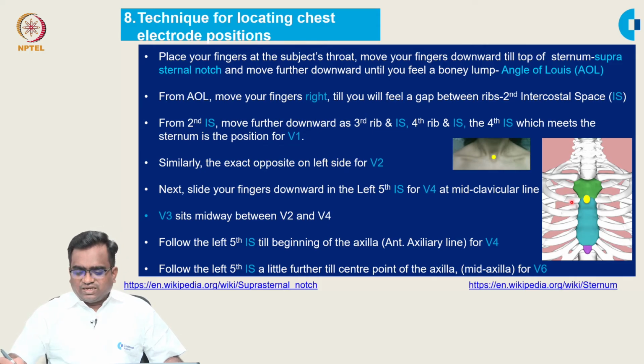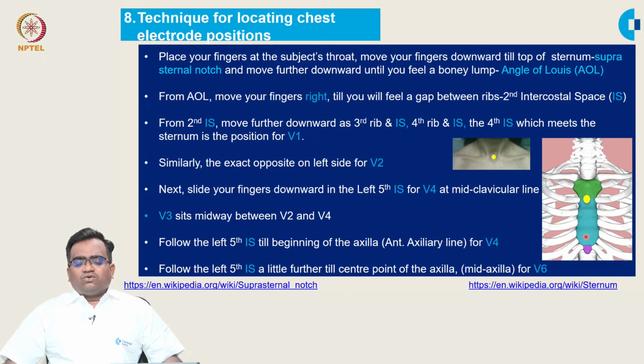Just below the second rib, the space is the second intercostal space. Next, third rib, third intercostal space, fourth rib, fourth intercostal space, fifth rib and fifth intercostal space. In this manner, first the healthcare provider must locate the fourth intercostal space.